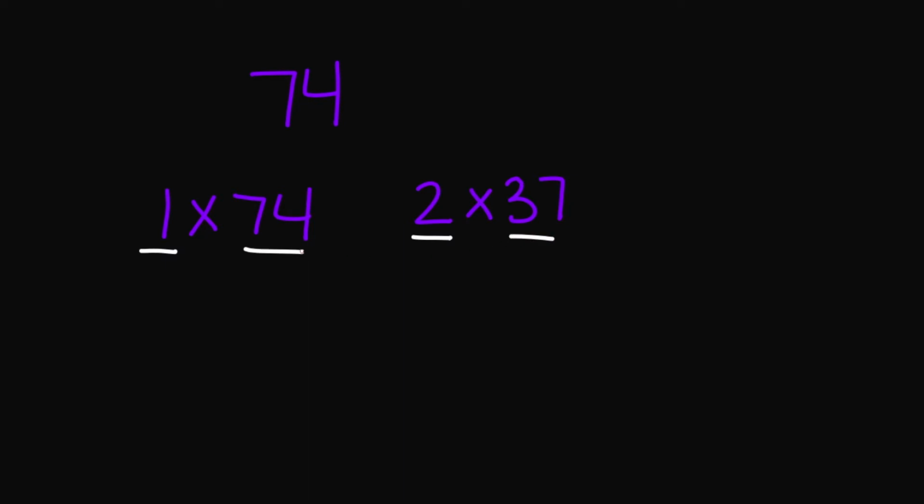What about the number 74? So we have 1 times 74, and you have 2 times 37. So my positive factors are 1, 2, 37, and 74.